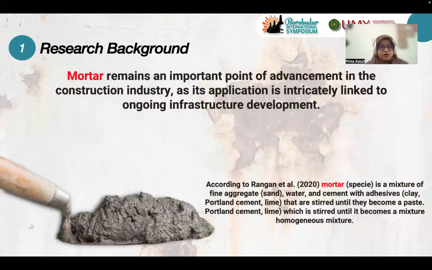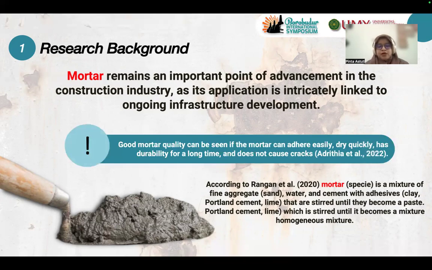On the other hand, in our expertise, mortar remains an important point of advancement in the construction industry as its application is intricately linked to ongoing infrastructure development.